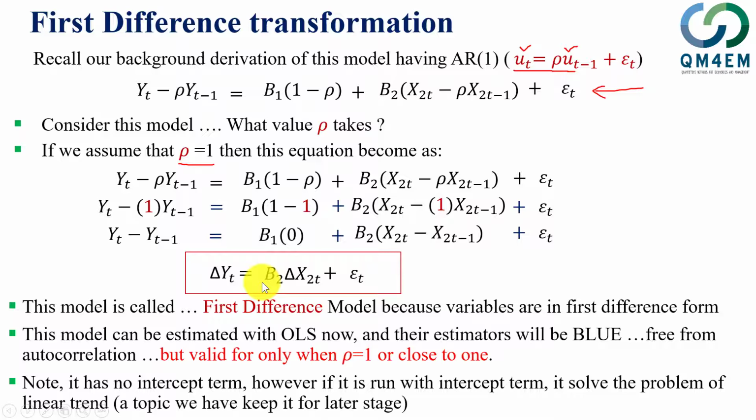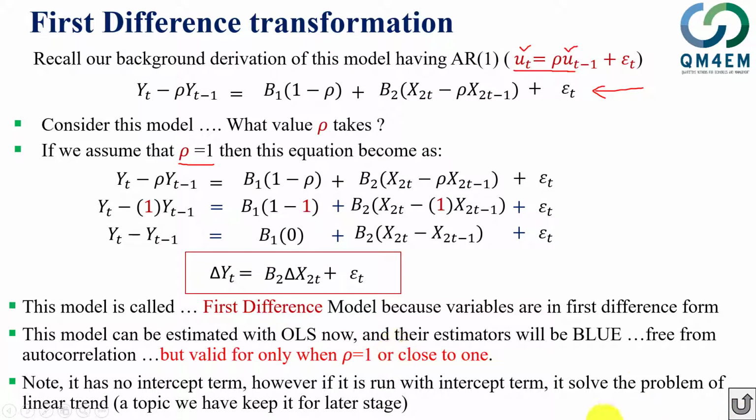Like if we have autocorrelation in the data and there is trend as well, then using the first difference model along with the intercept may solve the problem of linear trend as well. So that's an added advantage of the first difference transformation, and we should keep that property in mind while applying this method.